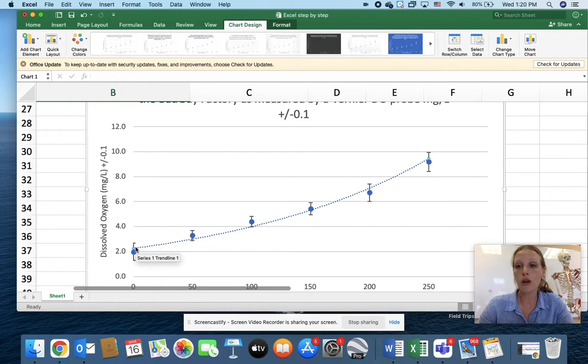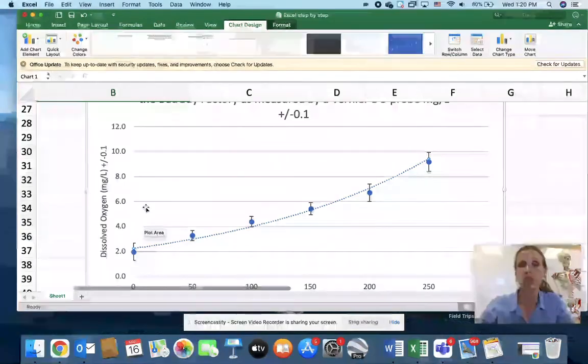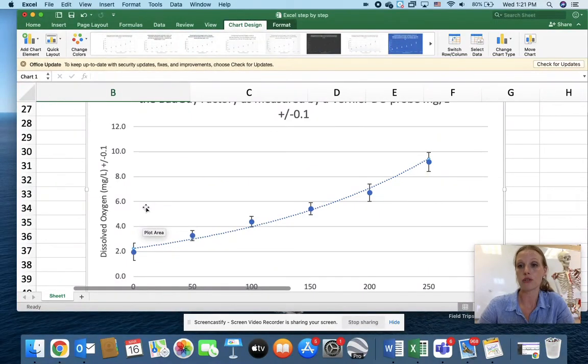The error bars do not overlap. There is a significant difference between the dissolved oxygen levels at the factory outlet into the river versus 250 meters away. And then you can base your analysis around how strongly does the data support this conclusion. And then you can talk about the reasons for variation in your data, and then you can move on to your evaluation.